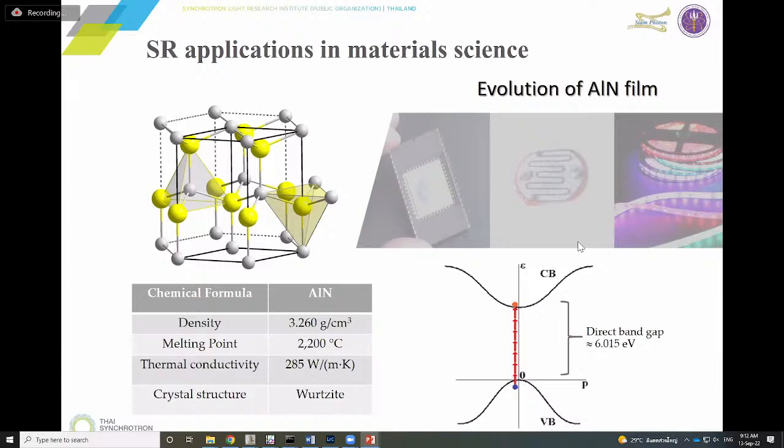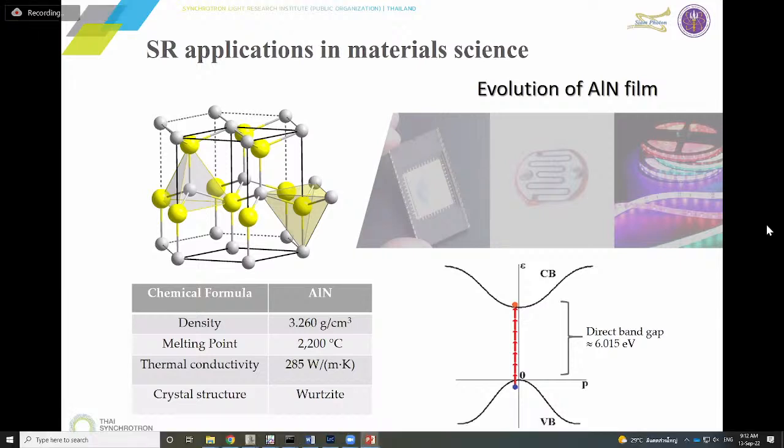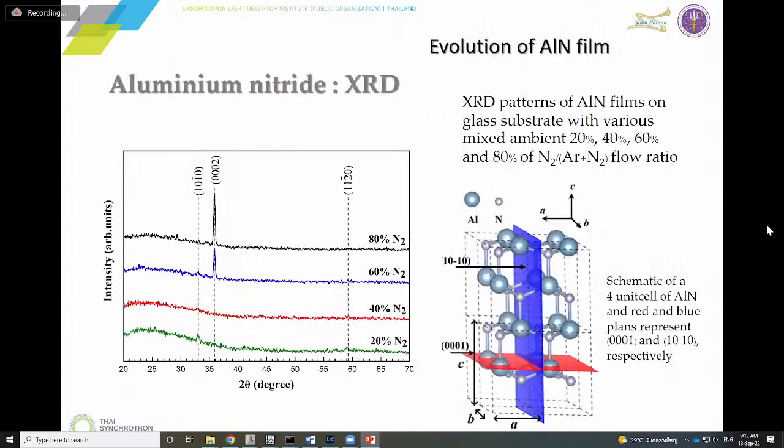I'll go quick. This interesting work comes from researchers who tried to fabricate an aluminum nitride film. They fabricated the aluminum nitride film using sputtering, RF sputtering, while the substrate they used was just lime glass. The lime glass structure is amorphous, which means you cannot control the structure of the film at all.